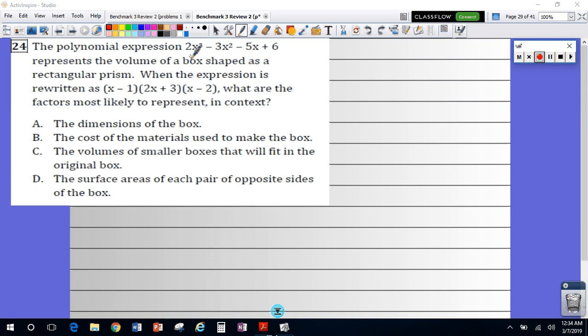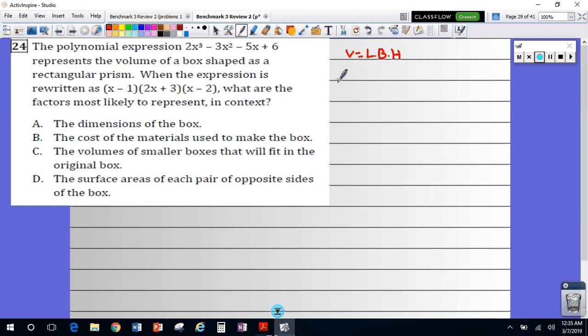So problem number 24. The polynomial expression represents the volume of the box shaped as a rectangular prism. So rectangular prism volume is length times breadth times height.